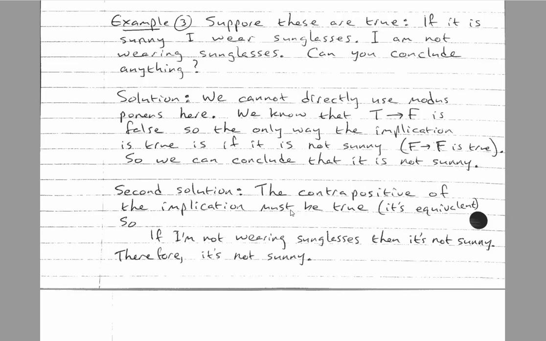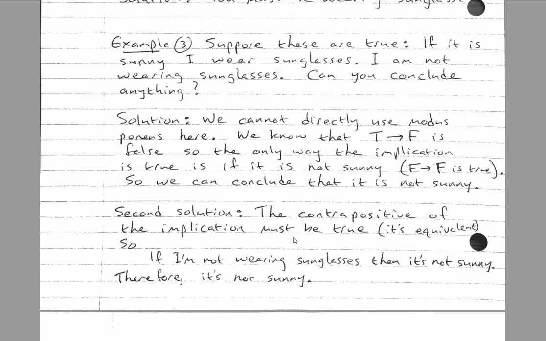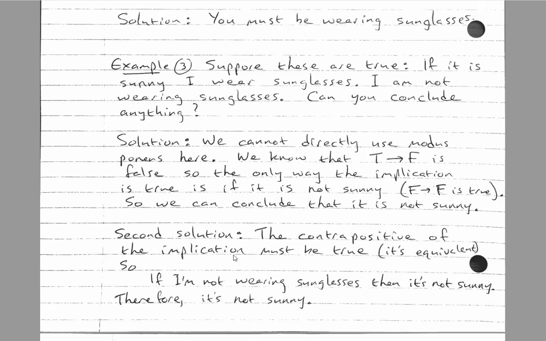Maybe a better way to see that it's not sunny, we can use the contrapositive of the original implication. If it is sunny, I wear sunglasses. What's the contrapositive? That says if I'm not wearing sunglasses, then it's not sunny. We know the contrapositive is logically equivalent.